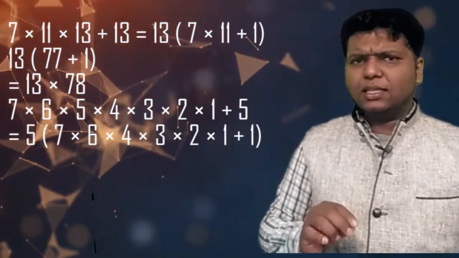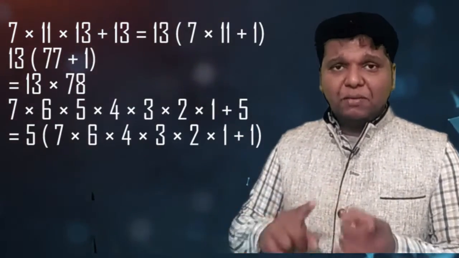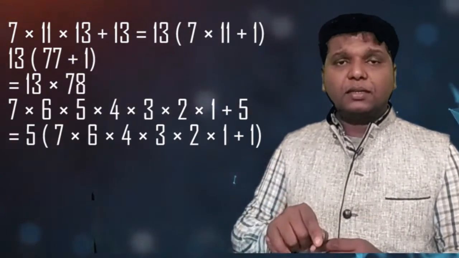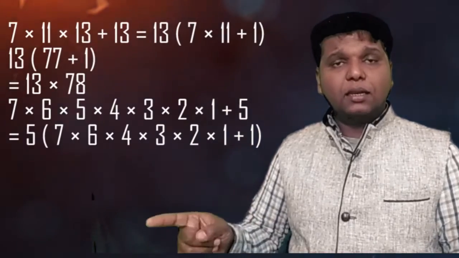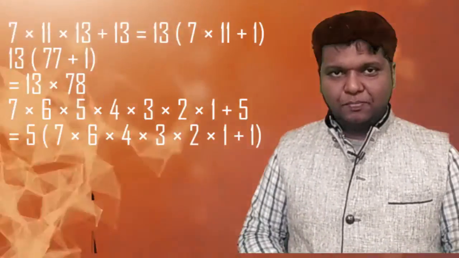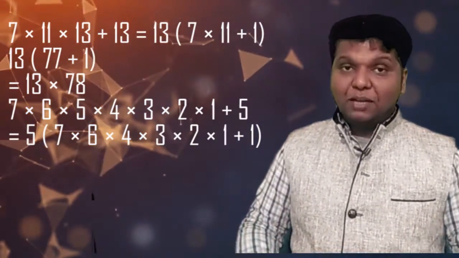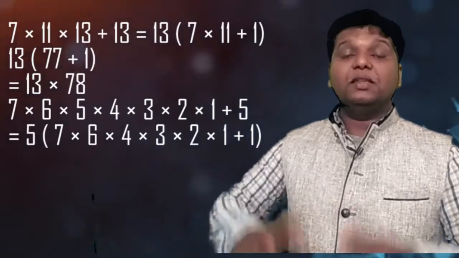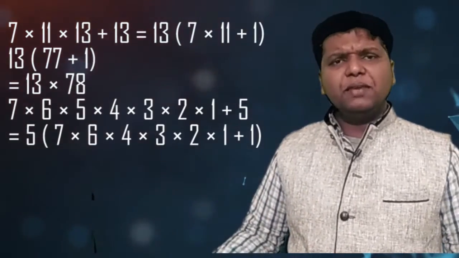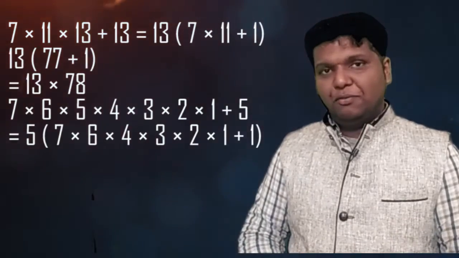There is no need to find the answer which is within the bracket. Simply we can write like this: 5 is one of its factors and it is multiplied to another number. So definitely it is having more than one factor. So we can say that number is also composite. That means without dividing or multiplying, without factorizing, simply we can tell it because it is having more than one factor.